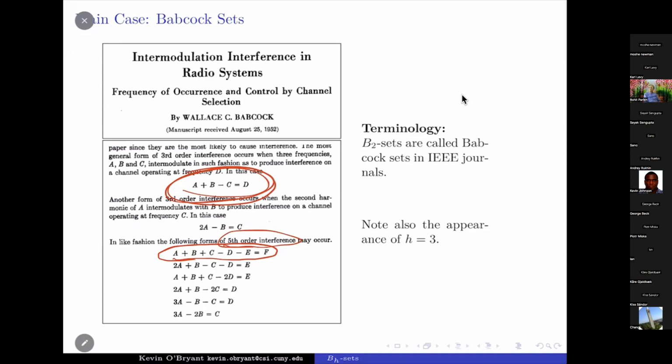So if you've got a sum and difference of 4 of those, it can't equal a fifth one just because they're all going to be around 100, right? The parity ends up off. You're going to be around 0 or you're going to be around 200. You can't get back to around 100 like that. So that kind of interference is somebody else's problem, whoever's using that part of the spectrum.